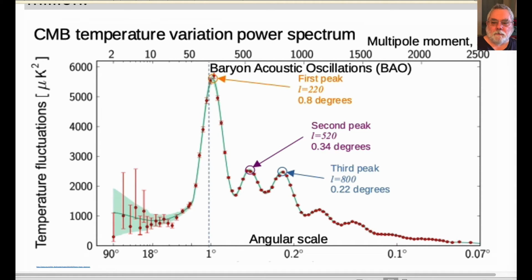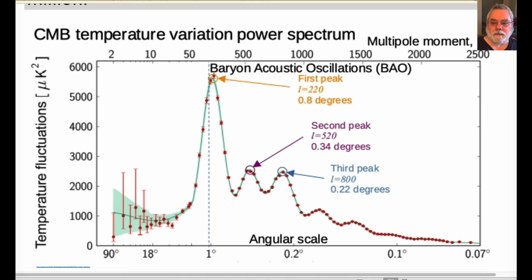This graph is called the power spectrum of the CMB temperature variations from the Planck data, and it tells cosmologists a lot about our universe. Each angular scale on the horizontal axis, 90 degrees, 1 degree, tenth of a degree, corresponds to a physical size on the last scattering surface and a particular size presently.